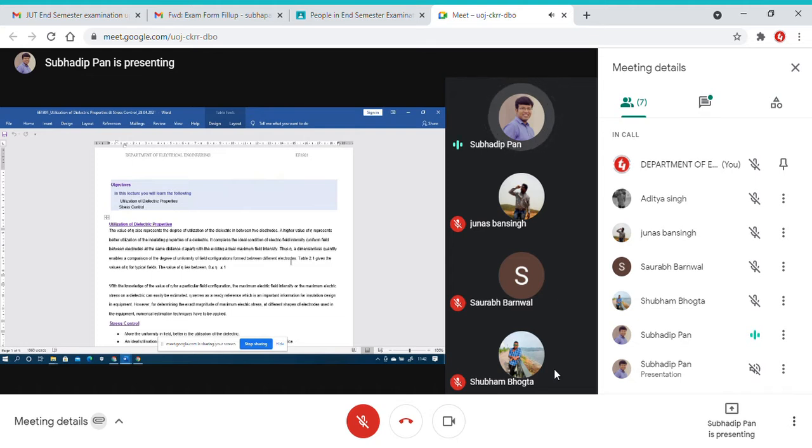So the value of mu also represents the degree of utilization of the dielectric between the two electrodes. Suppose we are assigning the two electrodes A and B. This mu is defined as the degree of utilization of the dielectric property between the two electrodes.